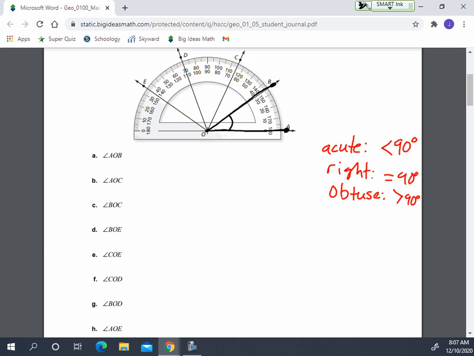From A to B, it's only 10, 20, 30, 35. So the measure of AOB is 35 degrees. Is 35 degrees less than 90, equal to 90, or bigger than 90? It's less than 90, so we're going to label that as acute.